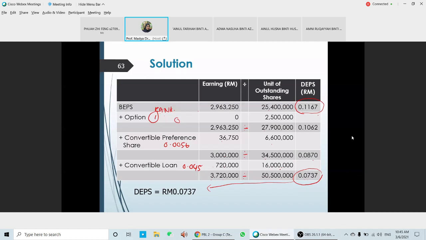So when we present in the income segment, you're going to have both information: basic earning per share of 0.1167, and then diluted earning per share will be 0.0737. So both of this information is going to be presented on the face of the income statement.